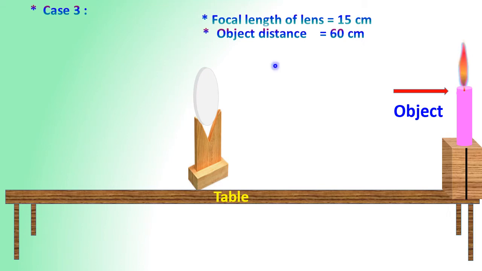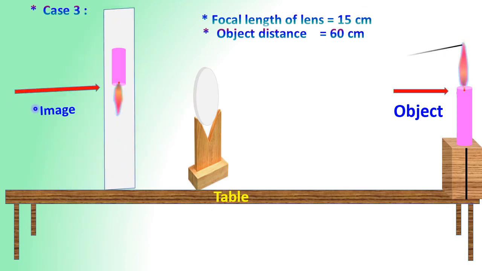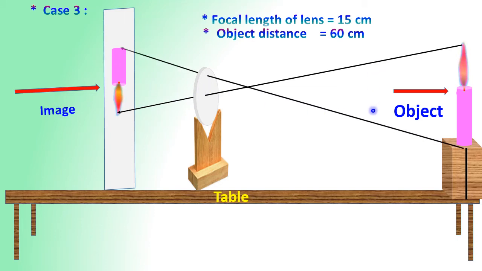Now I will bring the screen slowly towards the lens from this side in order to get a clear image on it. See how I am bringing. Yes, the image has been formed here, and these are the two rays.